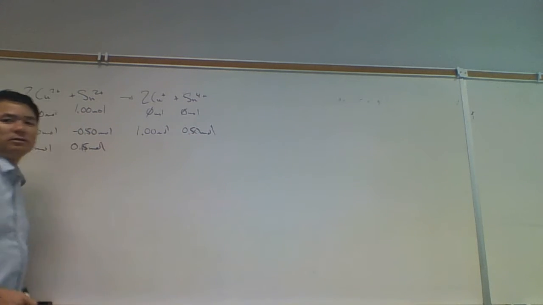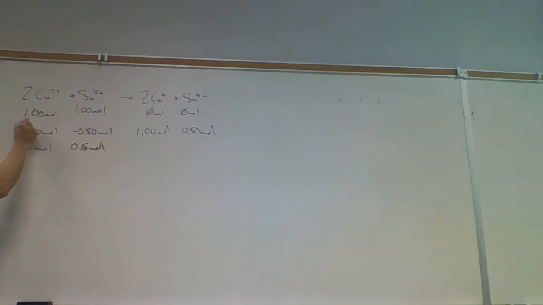There's an easy way to do this in Chem 1B. In Chem 1B, what we do is we look at the coefficients on here. This is a 2, so we call this minus 2y, or x. I'm calling it y because this is a little bit different than what we're going to be doing. This is going to be minus y, and that's how much we lose. So y is 0.50, and that's how much tin, 0.50. I'm going to need double the amount of copper.